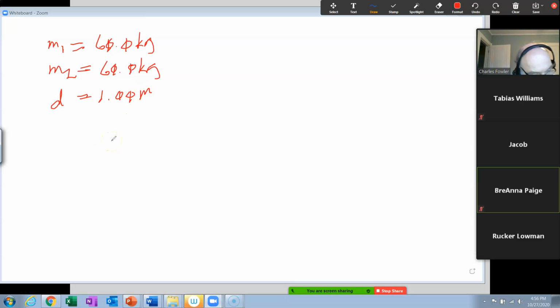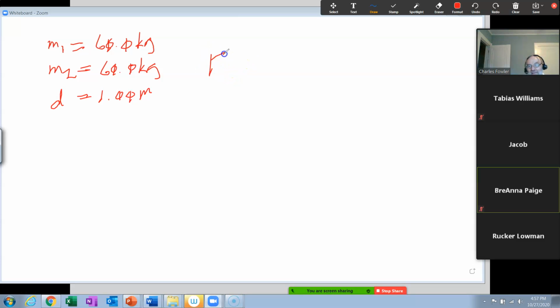Now, here's the part that I was debating on. Remember when I said the formula and gave the proportionality constant.